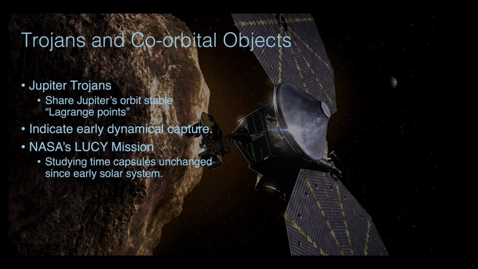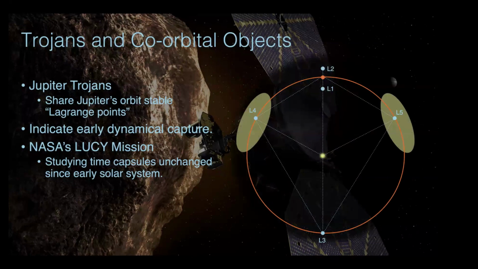We also have some really cool objects, Jupiter's Trojans, which have been kind of stuck in the same orbit as Jupiter, but 60 degrees in front of and behind it at what are called Lagrange points. These are also a little bit of a time capsule. So these are those objects that Jupiter and Saturn were tossing around. Some of them ended up getting trapped in Jupiter's orbit.